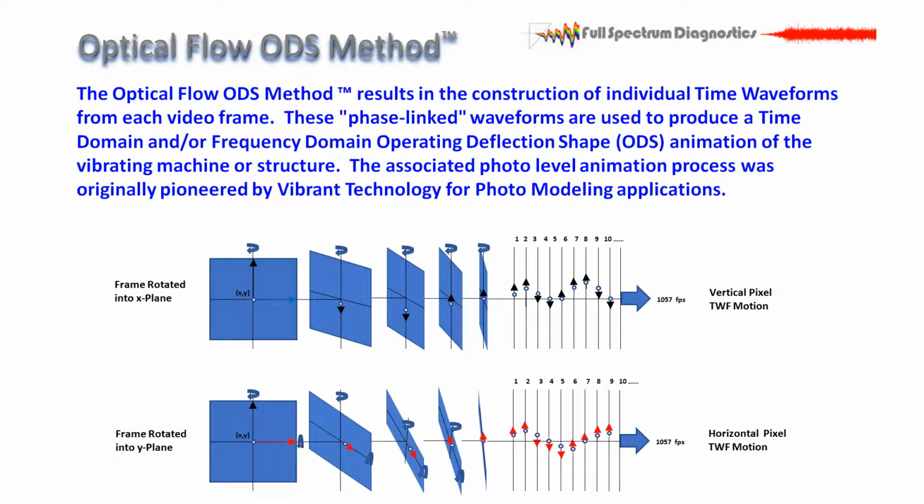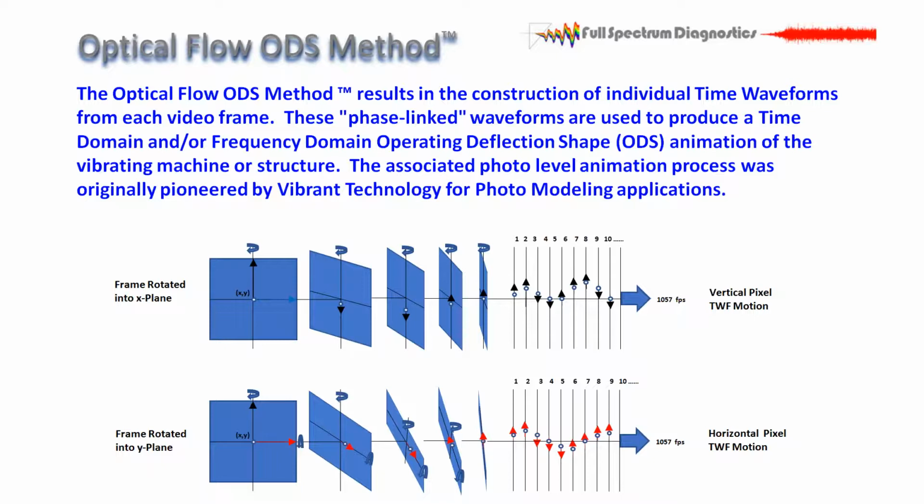Operating deflection shape, or ODS analysis, requires that you have a frame of reference. In our case, you have to have a reference that stays put. In the case of time waveforms, if they're all acquired simultaneously, then we don't need to have the special outside reference point.